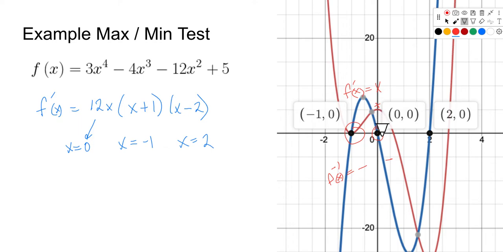Positive and negative gives us a maximum. So we went up the hill and then we're coming down the hill. And then the other place we had a critical point was at 2, and I see I go from negative to positive of the derivative, and so that solidifies that I have a minimum when x equals 2 of the original graph, because I was decreasing and then increasing.